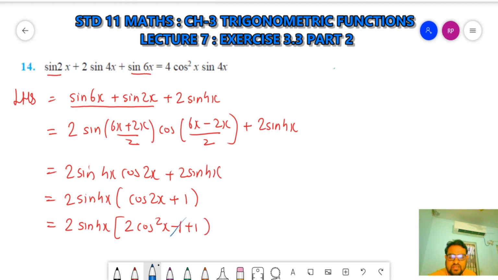So minus 1 plus 1 gets cancelled. So 2 into 2, 4 cos square x sine 4x. Clear? So this is equal to RHS. Okay? So we applied first s plus s and then we used the formula for cos 2x. Clear? So note down question number 14.